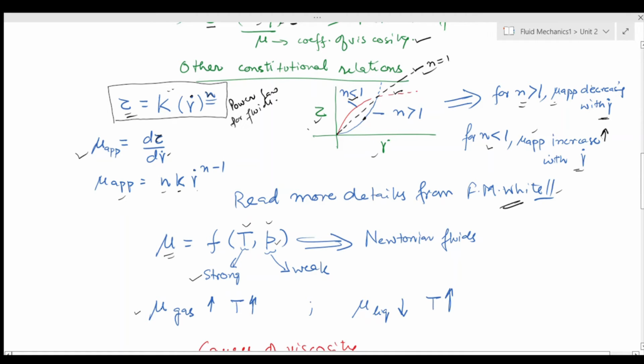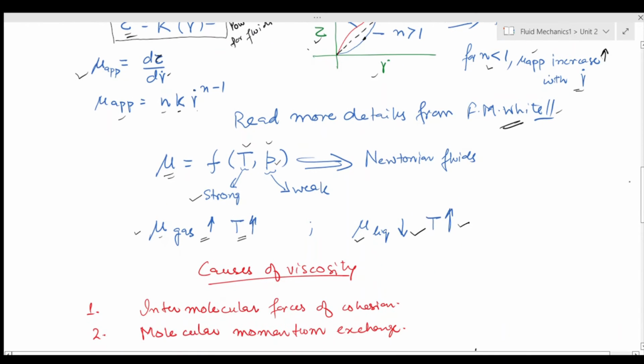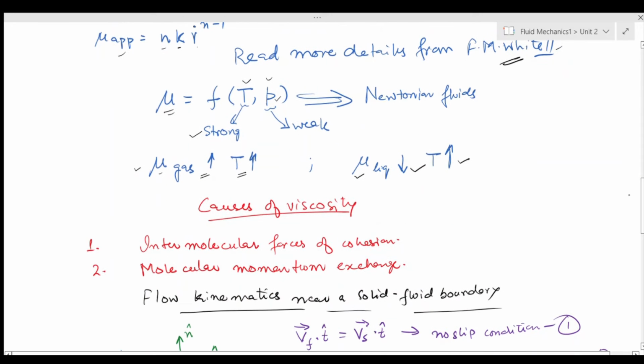There is another phenomenon which you might have already read, that the coefficient of viscosity for a gas increases with increase in temperature, but the viscosity of a liquid decreases with increase in temperature. Now, to understand why it happens, we need to look into what causes viscosity. What are the reasons for viscosity? There are two predominant reasons: one is the intermolecular forces of cohesion, and second is molecular momentum exchange.